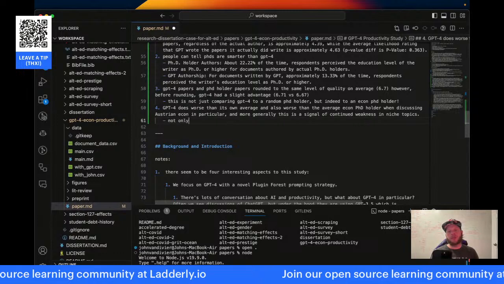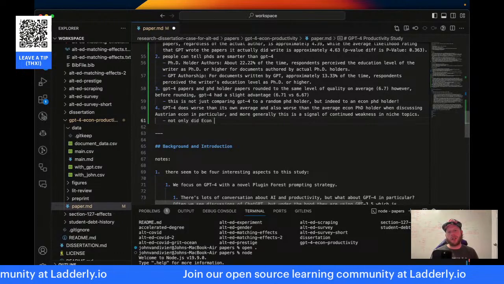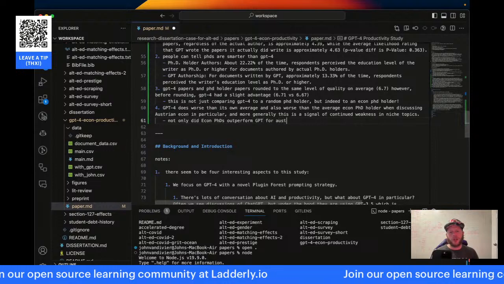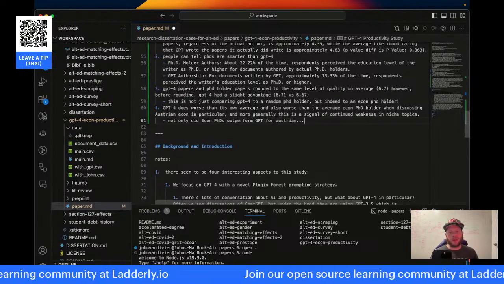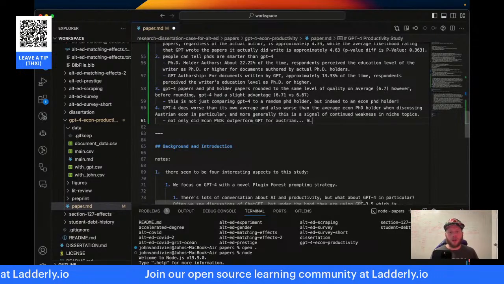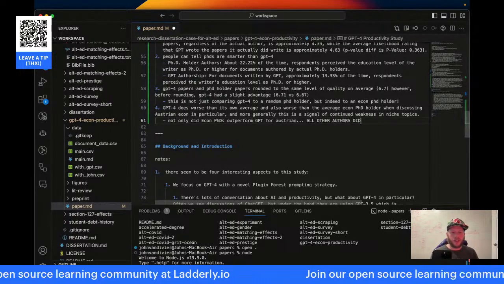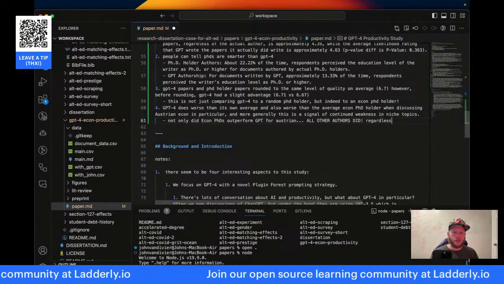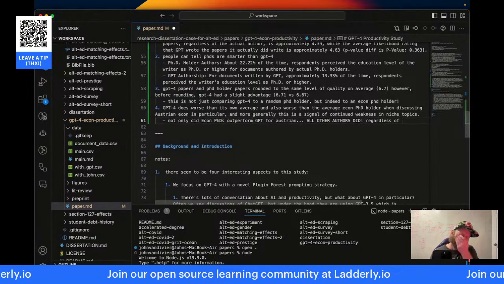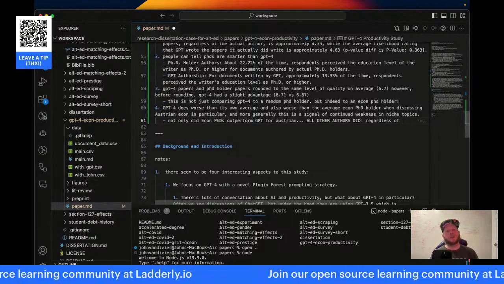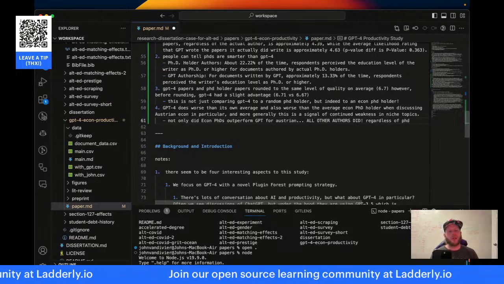Not only did Econ PhDs outperform GPT for Austrian, all other authors did, regardless of PhD.